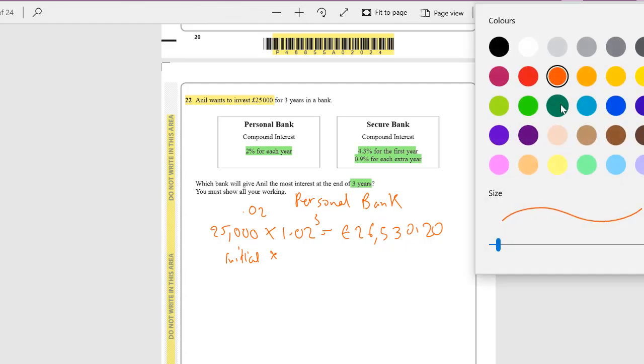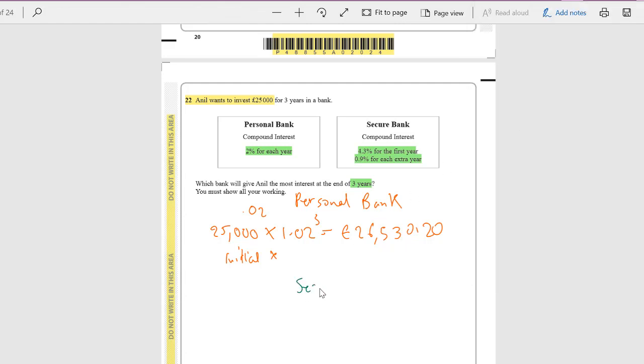I'll use a different color for secure bank. The same logic: 25,000 times, first, 1.043, because remember it's 4.3% for the first year.